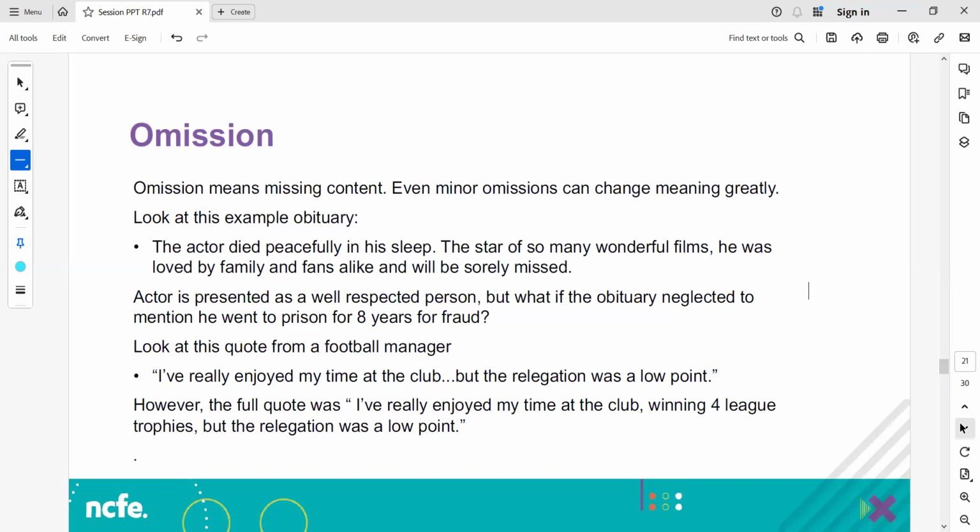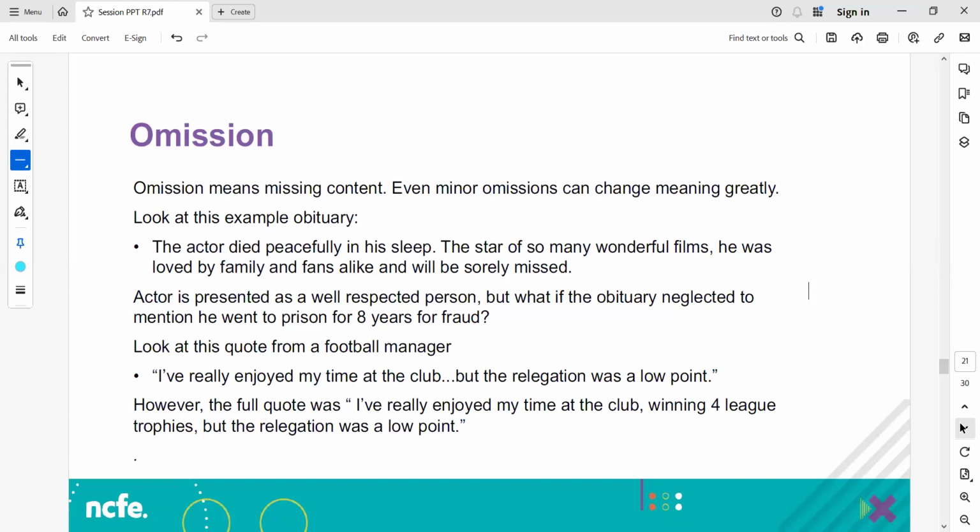Okay, so we've got another example, a quote from a football manager. I've really enjoyed my time at the club, but the relegation was a low point. Now the ellipsis, the 3 dots in the middle of club and but, shows us that part of his speech has been omitted.